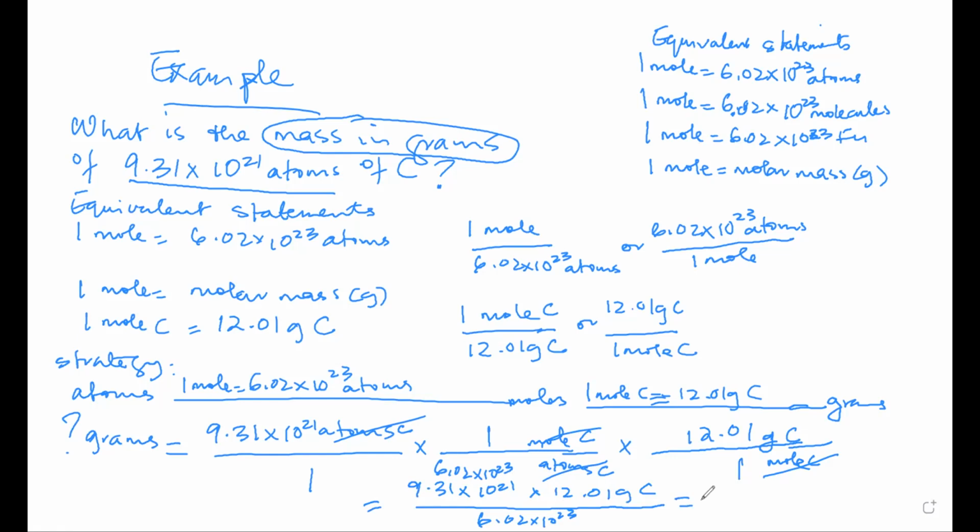So you put that in your calculator, and that will come out to be 0.186 grams of carbon. So that is 3 significant figures. So I hope you understand that.